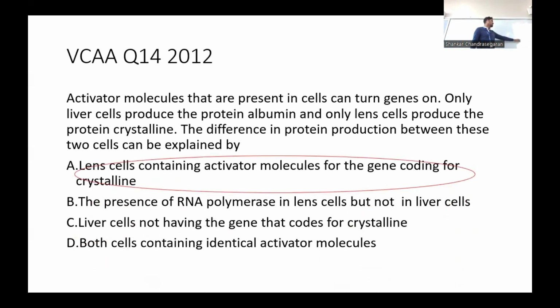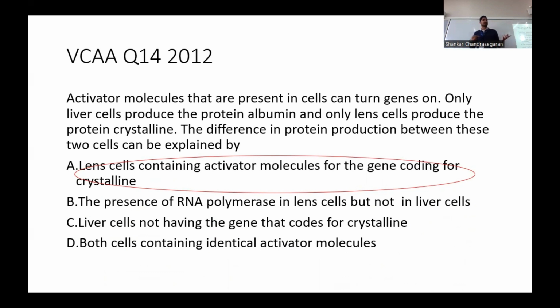The best thing to note, right, rather than saying liver cells do not contain the gene for crystalline, why is this wrong? Who can tell me? It's actually a very straightforward answer of why C is wrong. What is the answer stating? Liver cells not having the gene to code for that protein. Remember, where do genes come from? DNA, right? And is DNA the same for every cell in the body?